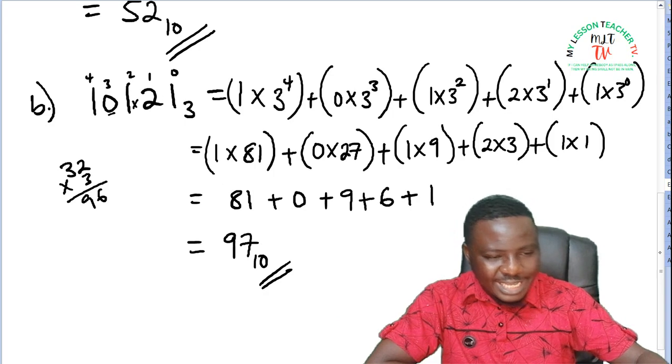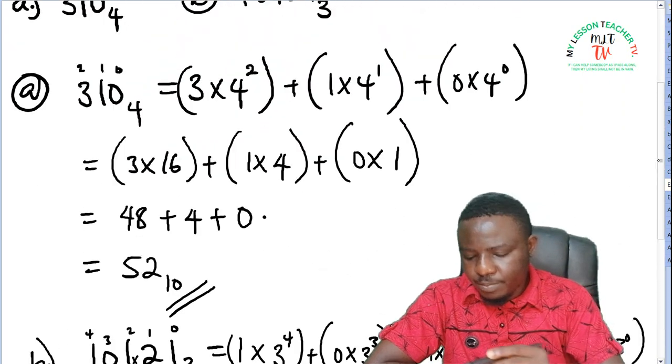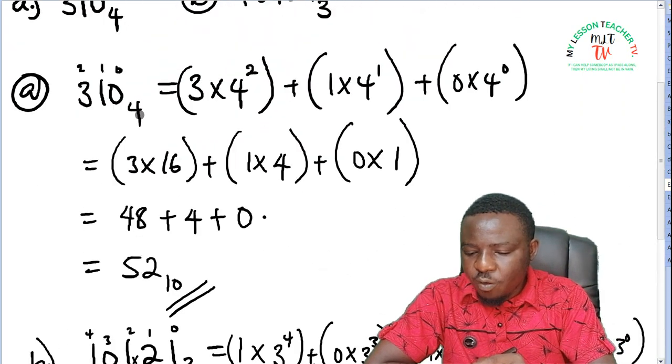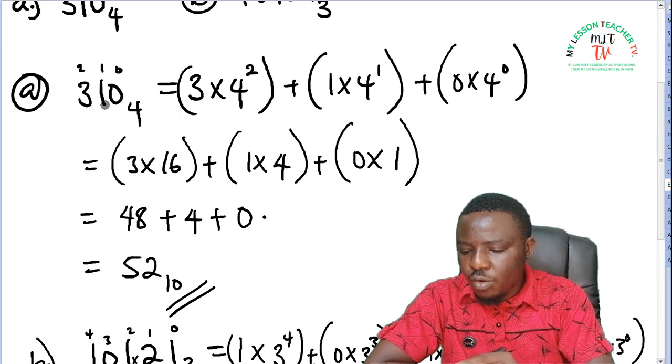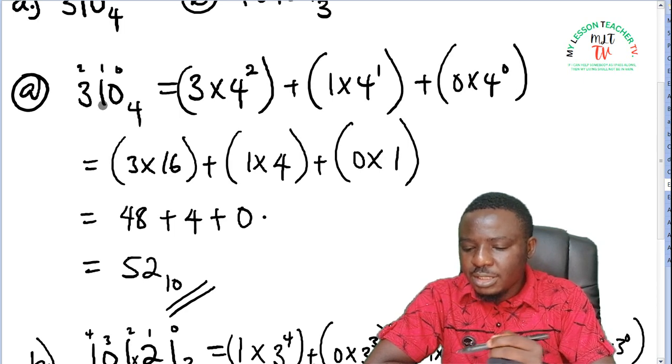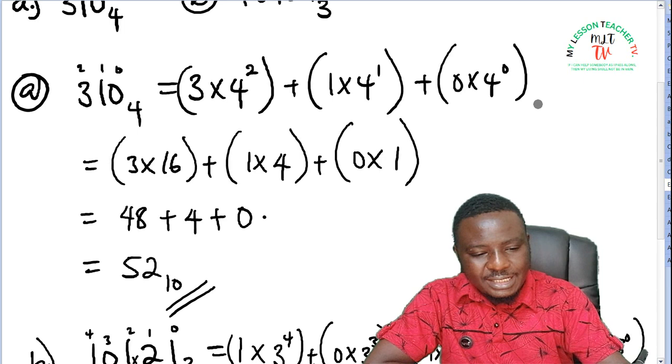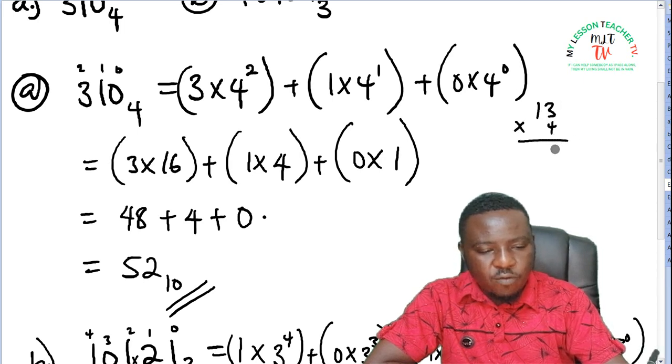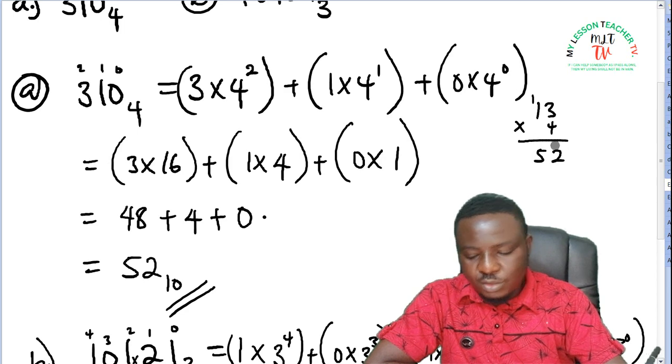So let's look at A. Apply the same method. 3 times 4 is 12, plus 1 is 13. 13 times 4: 3 times 4 is 12, carry 1. 4 times 1 is 4, plus 1 is 5, which is 52.